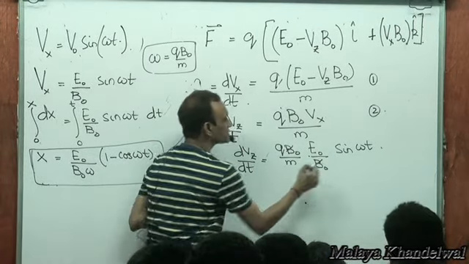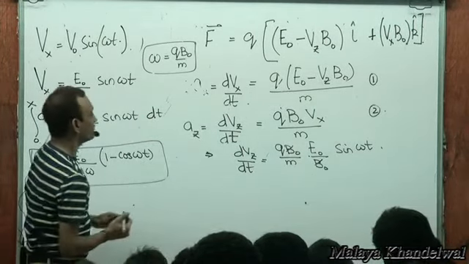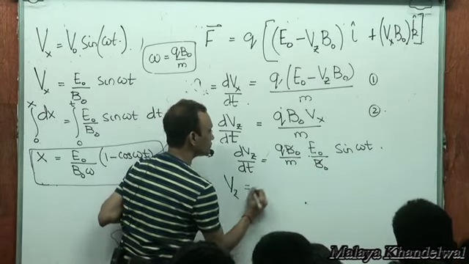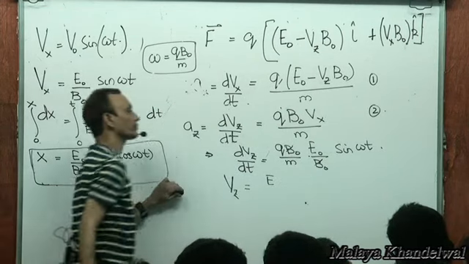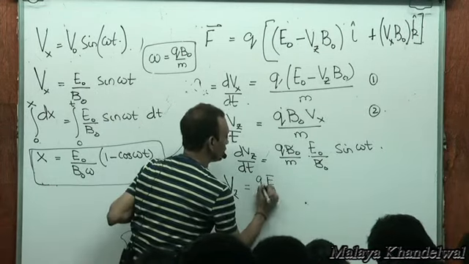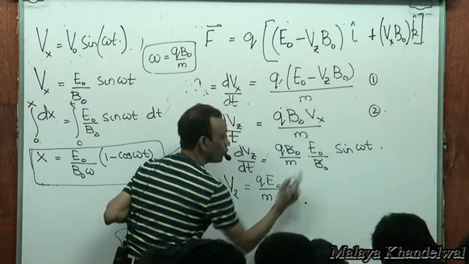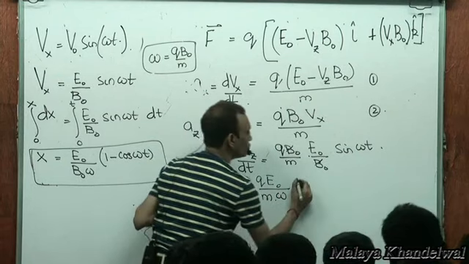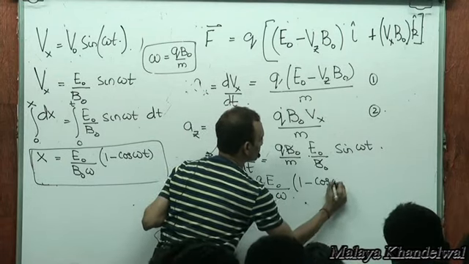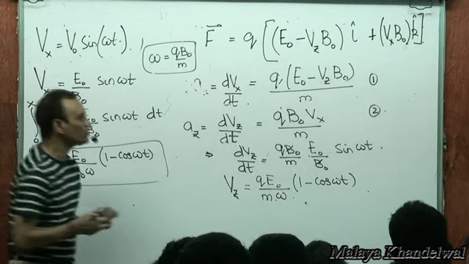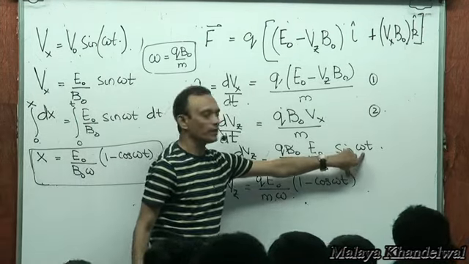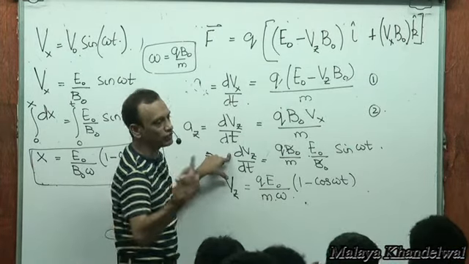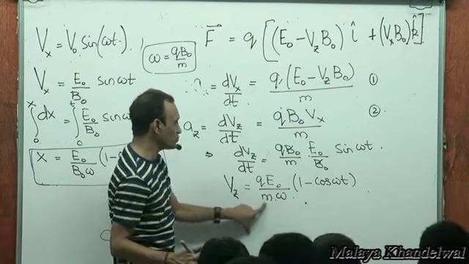So this B0 gets cancelled, and when you integrate, you get Vz equal to QE0 by m, omega will come here, into, at t equal to 0, Vz was 0, so it will become 1 minus cos omega t. You can check, because this will give me minus cos omega t by omega, that omega comes here. At t equal to 0, Vz was 0, at t equal to t, Vz becomes some V. This is what you will get.